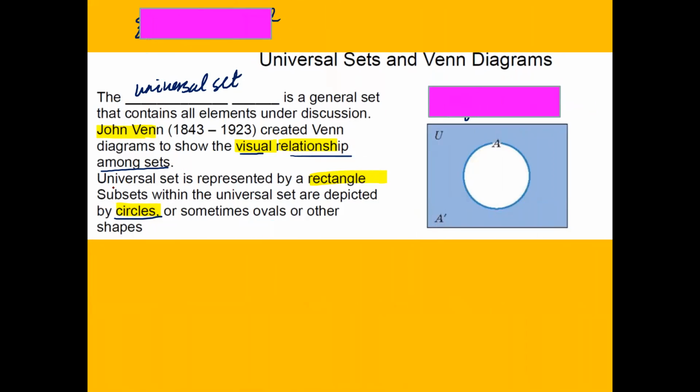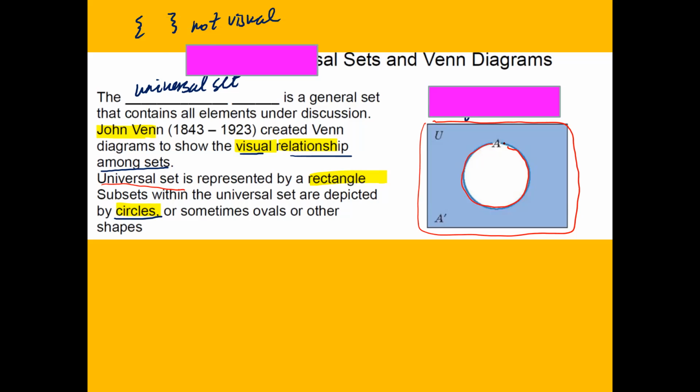The universal set is represented by a rectangle. The subsets within the universal set are depicted by circles. So these are subsets of the set, or sometimes ovals or other shapes, but for Venn diagrams, it's generally circles.